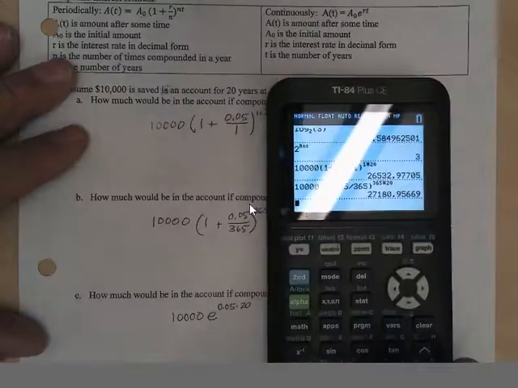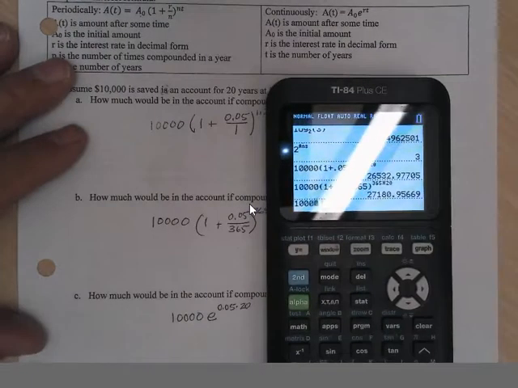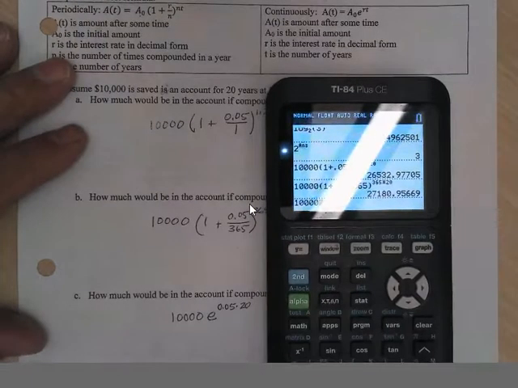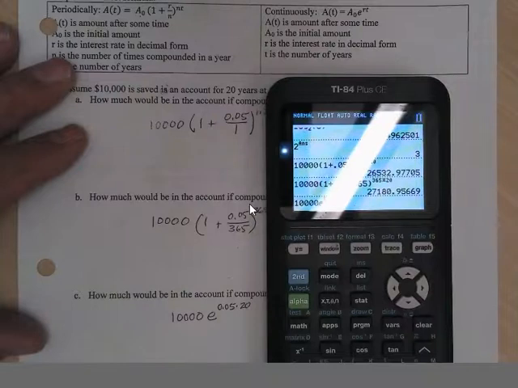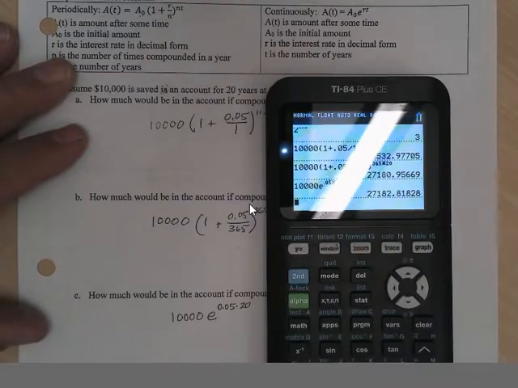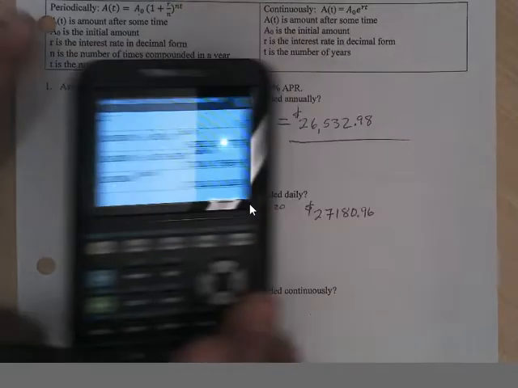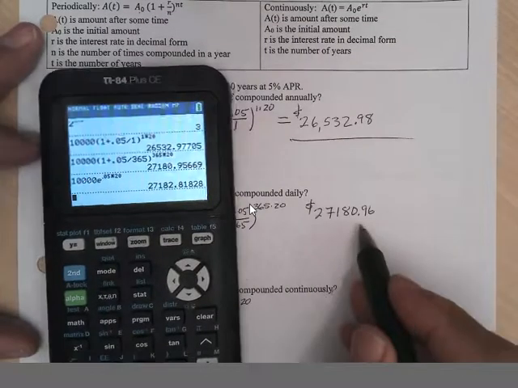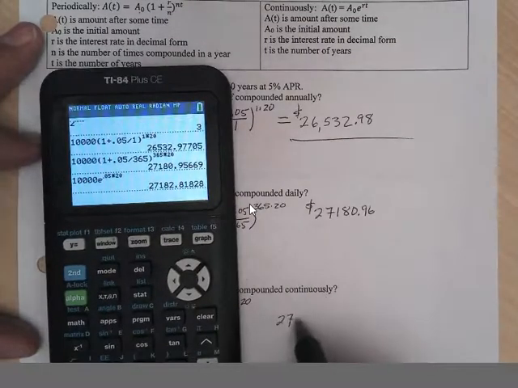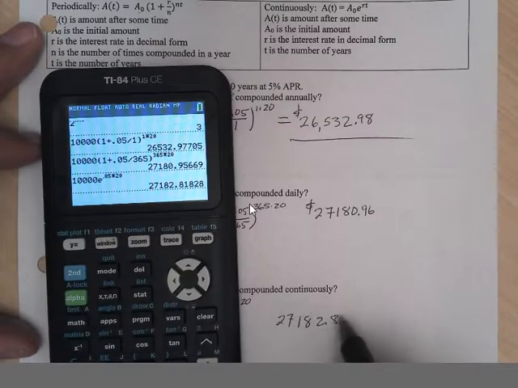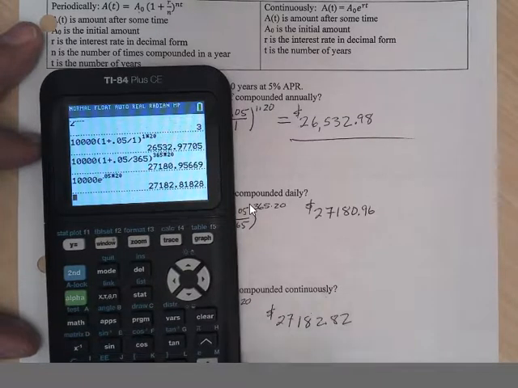So we've got 10,000 times e to the 0.05 times 20. And it comes out to be a little bit more than this, $27,182.82 rounded off.